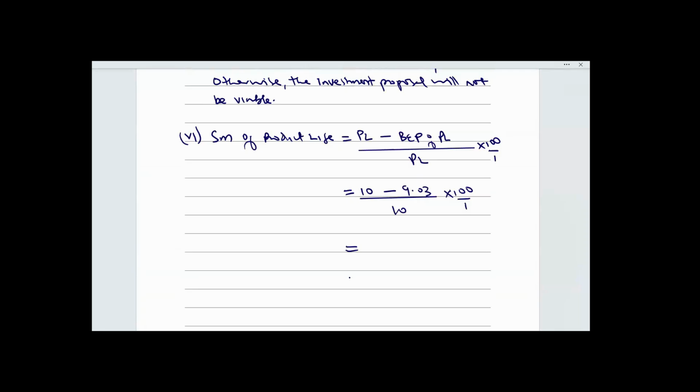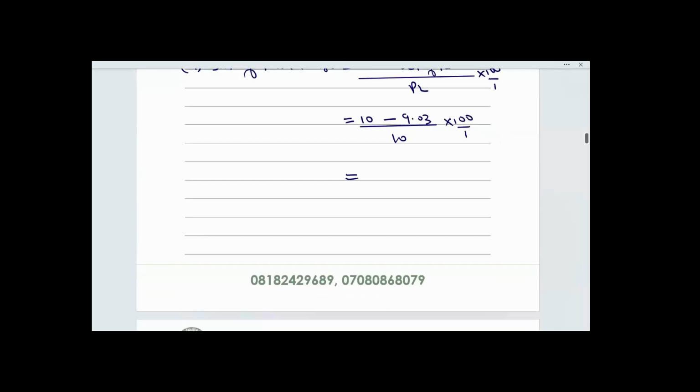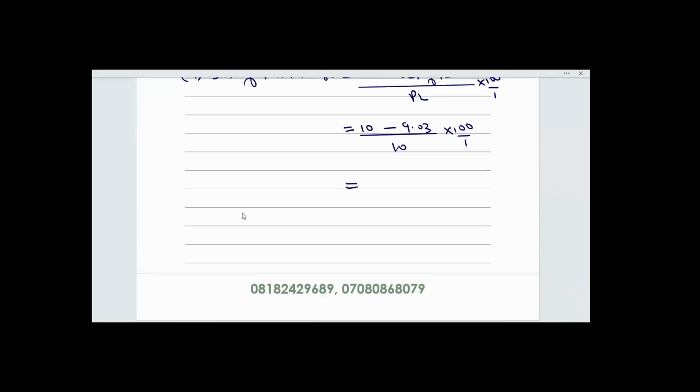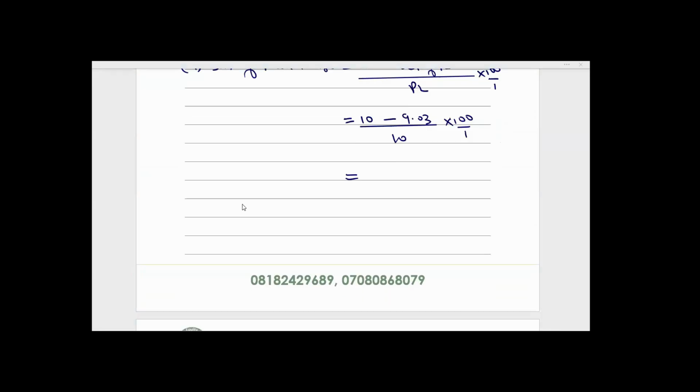Final answer will then be equal to 10 minus 9.03 equal, then divided by 10 equal, multiplied by 100%. That's 9.7%.